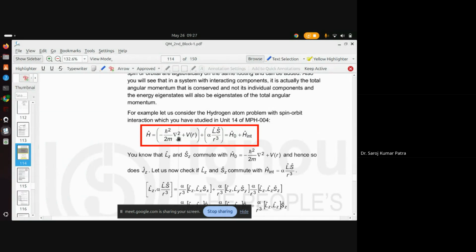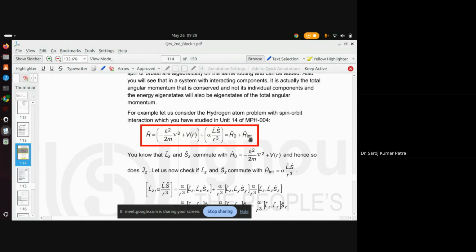to get the solution. So, if we consider the hydrogen atom problem with spin orbit interaction, because the hydrogen atom problem in quantum 1 might not have considered the spin orbit coupling. If the spin orbit coupling is there, then you will have an L dot S term, L dot S by r cubed.